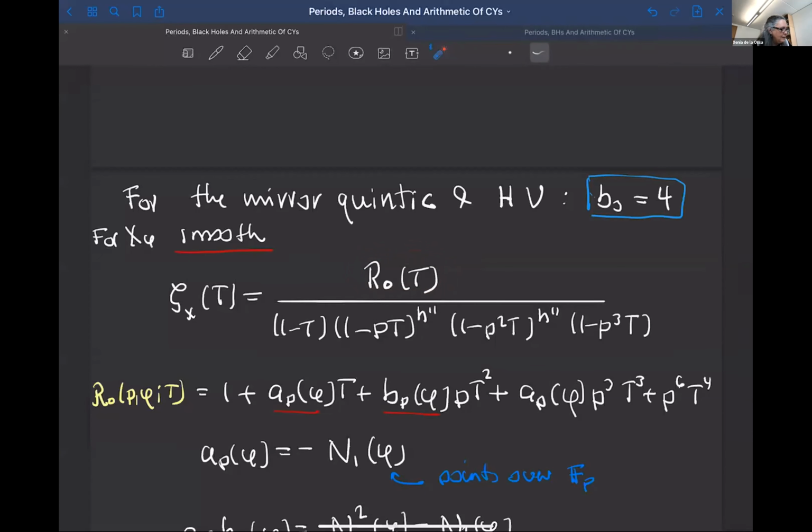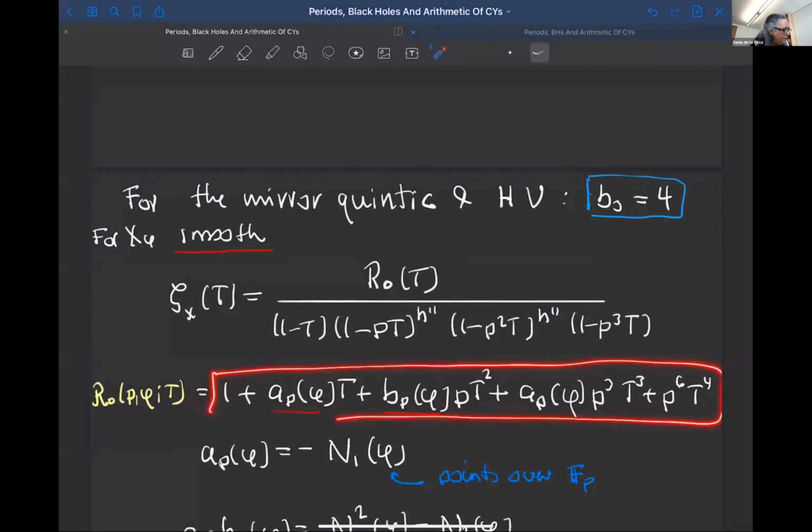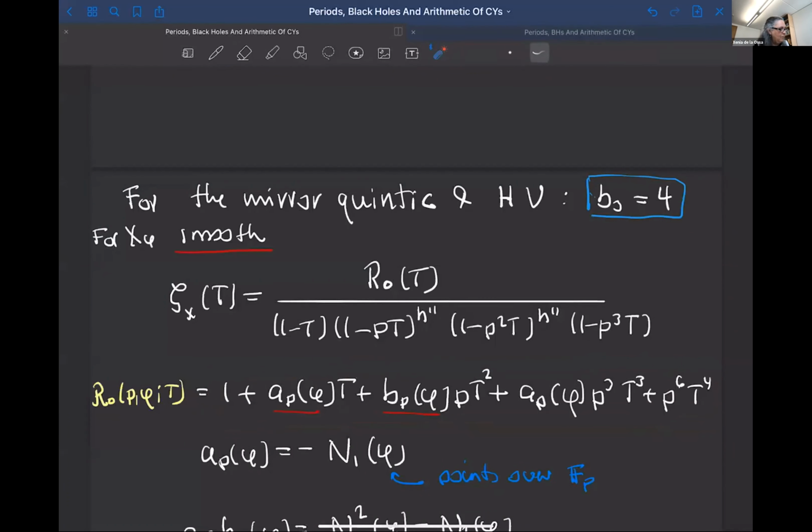Again, using the Weil conjectures, you end up with the polynomial of degree 4 having this form: 1 plus a coefficient A p T plus another coefficient B p T squared. Then the coefficient of the term T cubed is, apart from this factor of p cubed, the same as this one. And then you have p to the 6 T to the 4th.